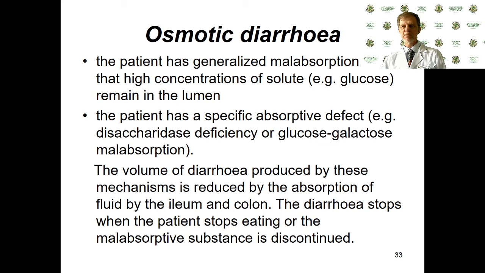Sometimes the patient has a specific absorptive defect, for example, glucose-galactose malabsorption. You know, some people can't drink milk because after drinking milk they experience diarrhea. Why? They can't absorb galactose. In this case, it may cause osmotic diarrhea too. How to detect it? Diarrhea stops when patients stop eating the substance which causes this diarrhea. Stop drinking milk and the diarrhea disappears.